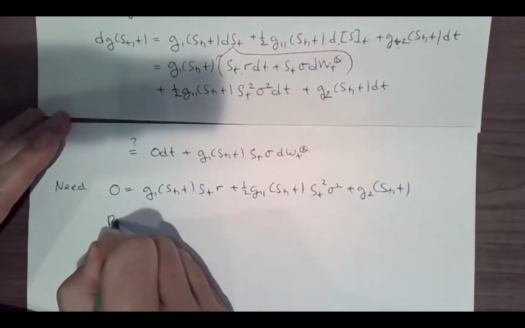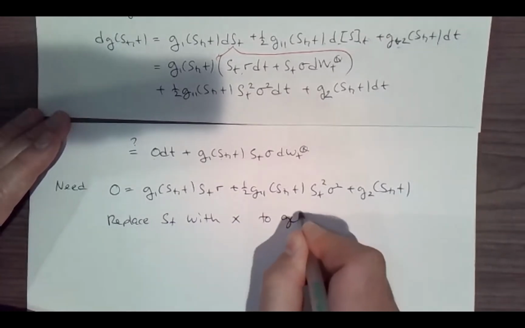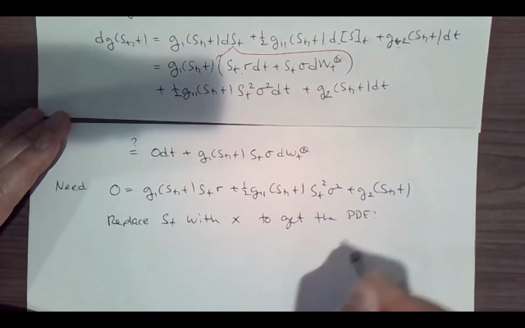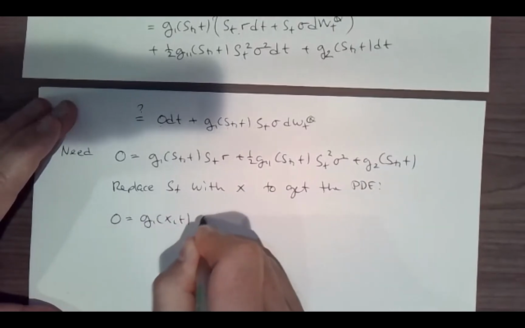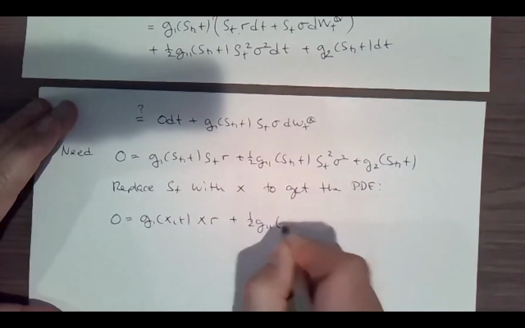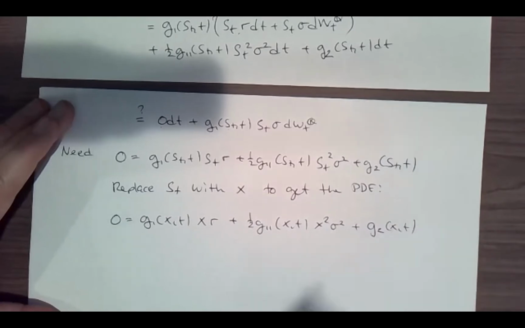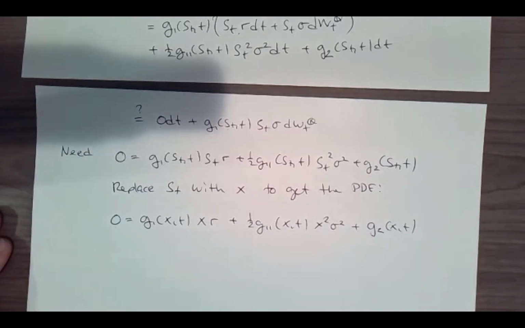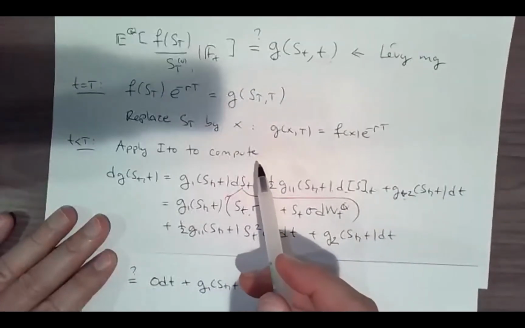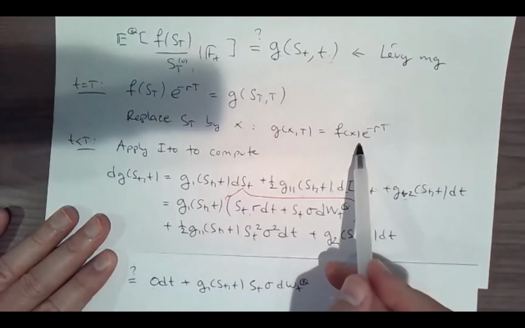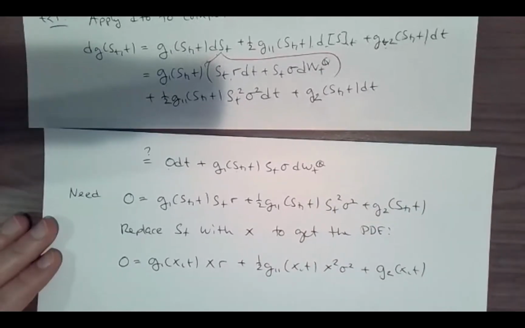So we replace S_t with x to get the PDE: 0 is equal to g1 of x and t times x r, plus 1/2 g11 of x and t x squared sigma squared, plus g2 of x and t. So that's my PDE. I have the terminal condition, and I have the PDE.